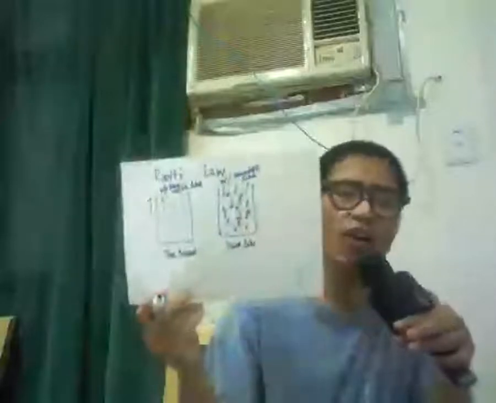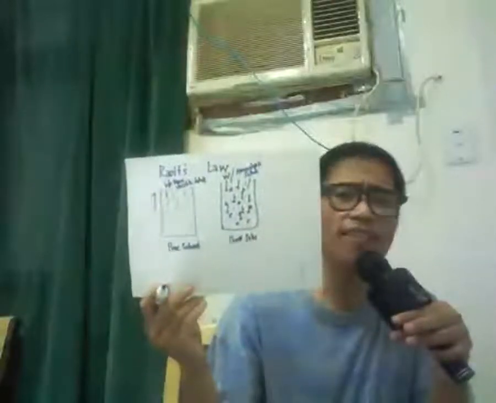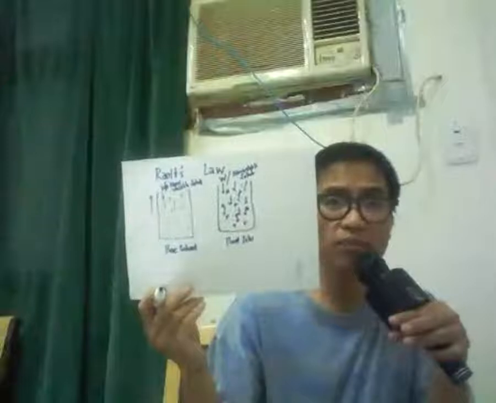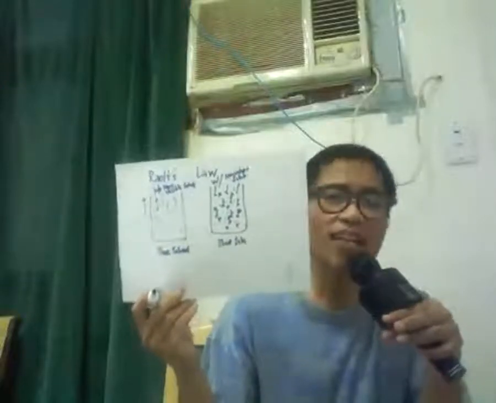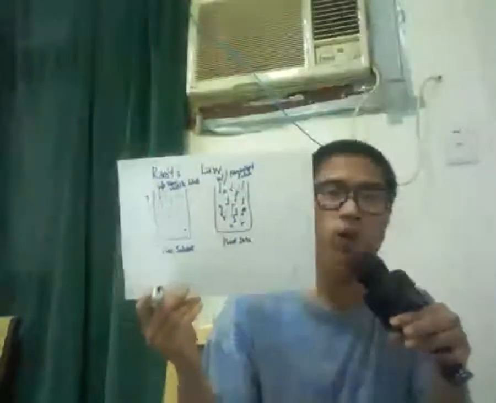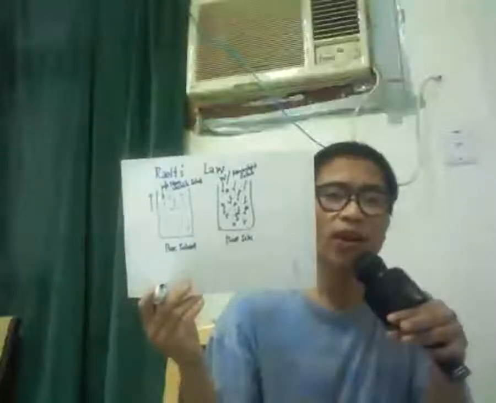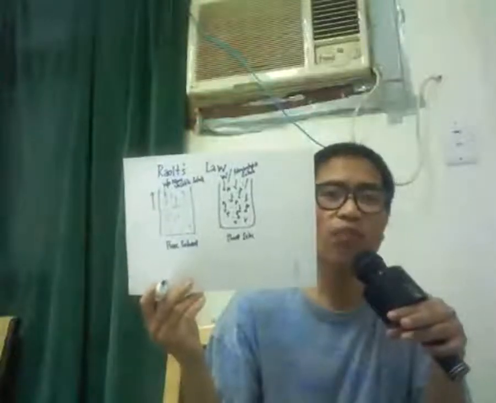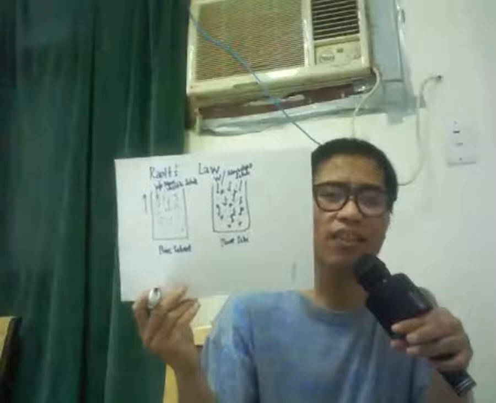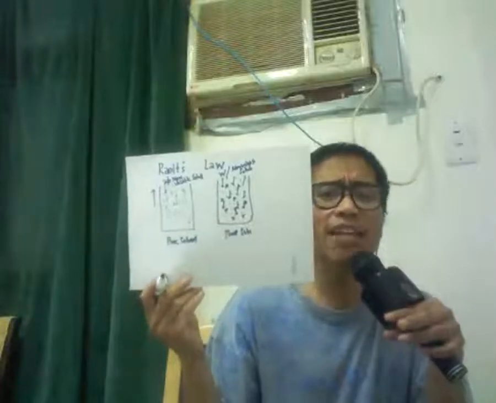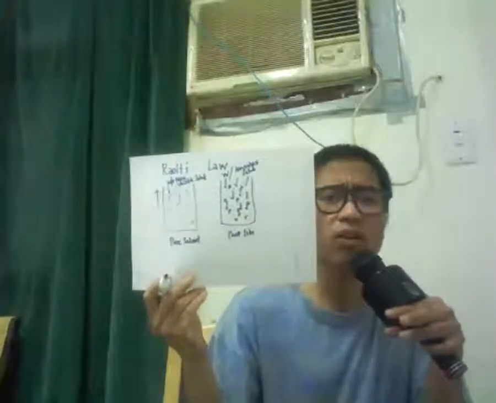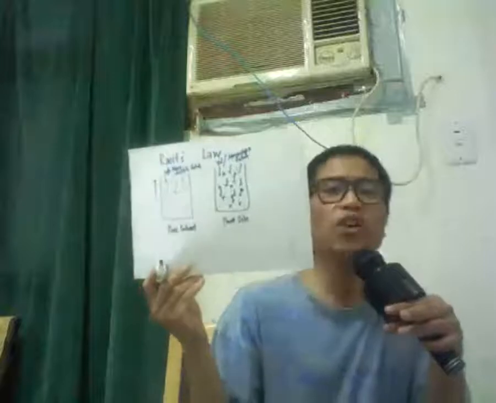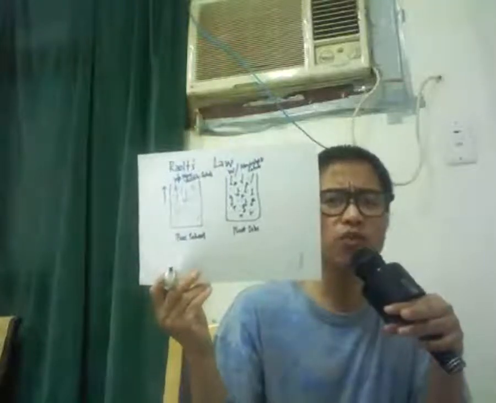In the first illustration, without the non-volatile solute, this is not yet Raoult's law. In the second illustration, this is what we refer to as Raoult's law. So we conclude that Raoult's law is the addition of a non-volatile solute, thereby decreasing the vapor pressure of the solution.